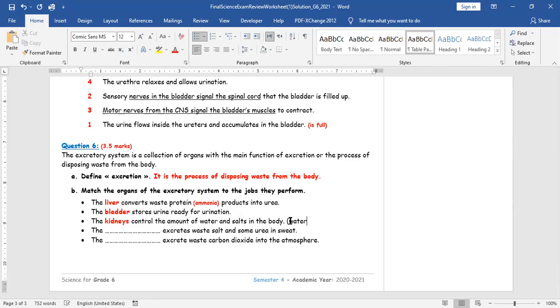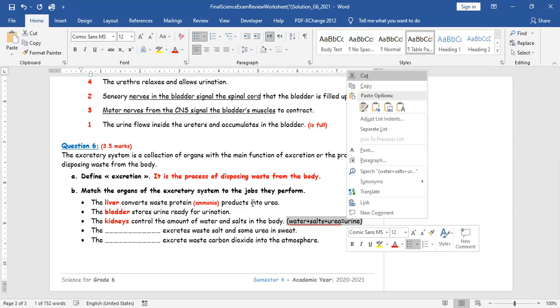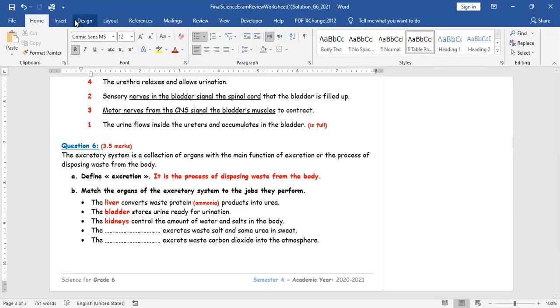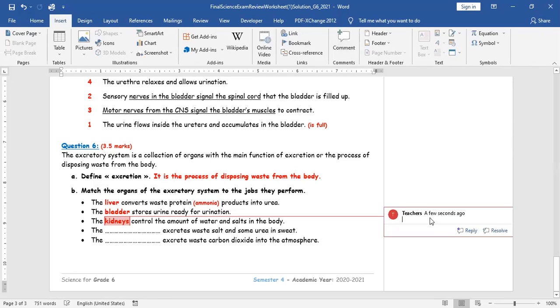So water plus salts plus urea gives urine. The urine is formed in the kidneys.